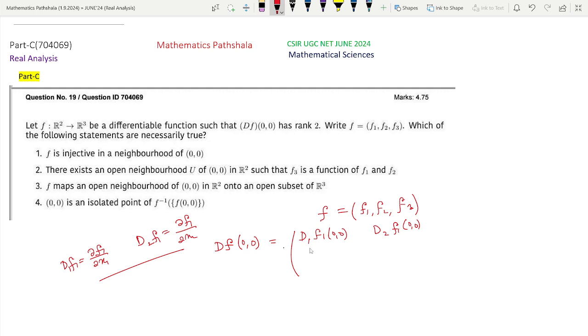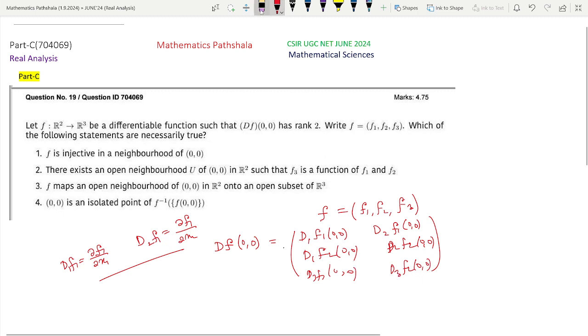So the other rows are, here it will be d1 f2 at (0,0), here d2 f2 at (0,0), and similarly for the third row, d1 f3 and d2 f3.